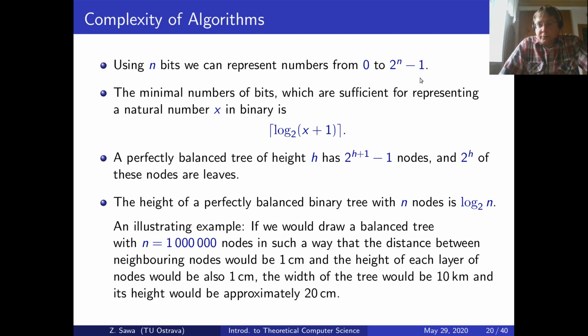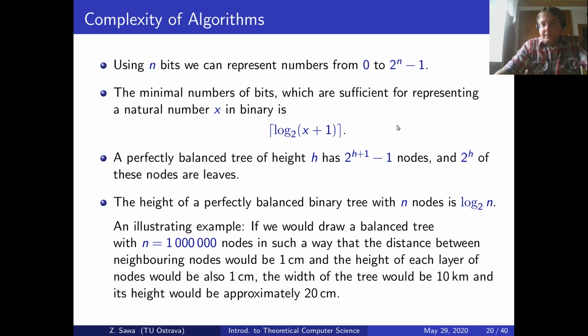So for example, using 16 bits, we could represent numbers from 0 to 65,535. From this we can derive the minimum number of bits which are sufficient using this standard binary representation of numbers. The minimum number of bits required to represent the number x is something like this: the logarithm of x plus 1, rounded up.